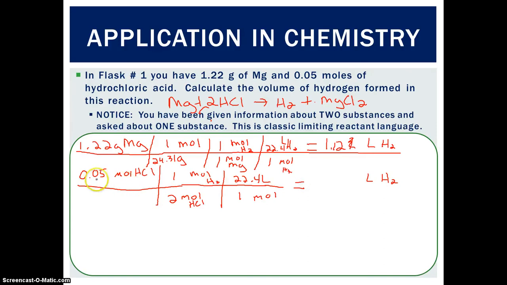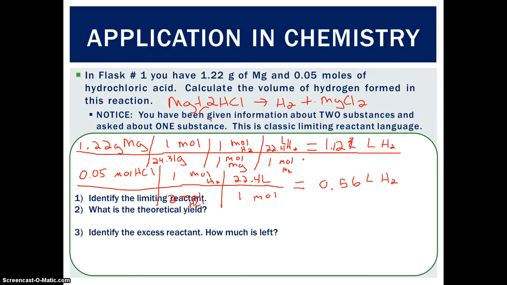If I plug this in, 0.05 divided by 2 times 22.4, I end up with 0.56 liters of hydrogen. Okay, so now I want to answer these questions, and I kind of wrote over them by accident. But first I need to identify my limiting reactant.